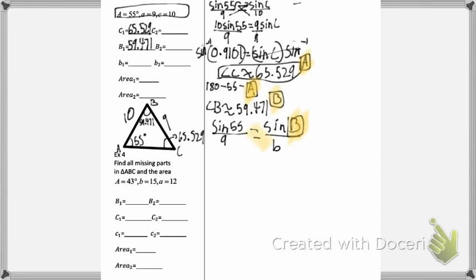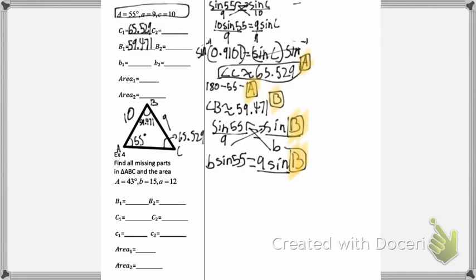So if we cross multiply, B sine 55 equals 9 sine B. Now let's divide 9 from both sides.